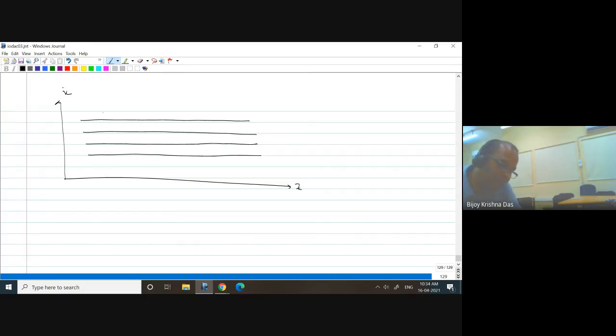Then along the x direction, if you see the field distribution, the first mode you will get like this, and another mode you will get like this. They are called super modes.